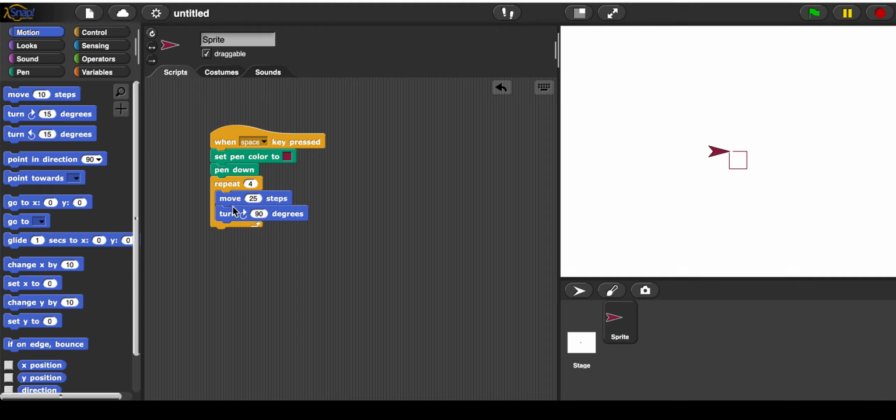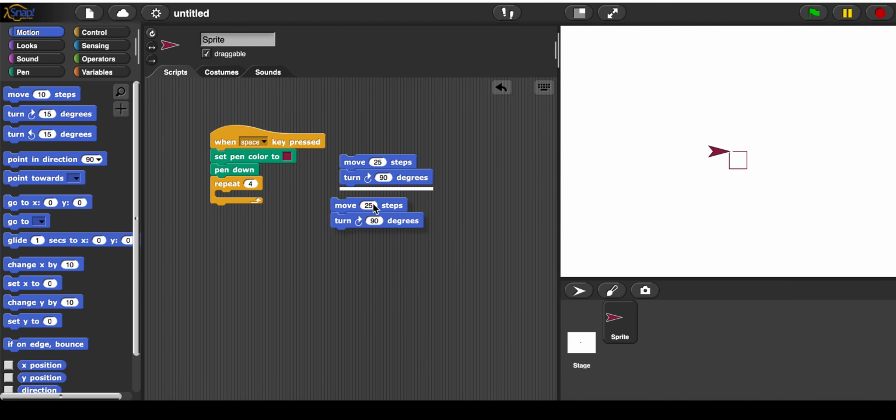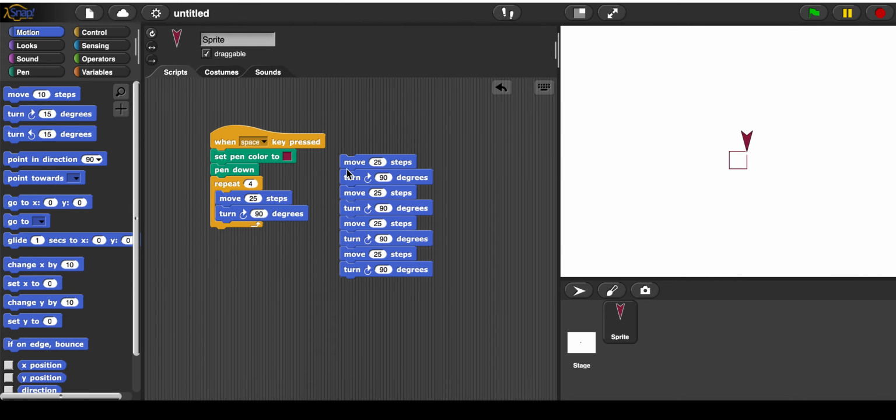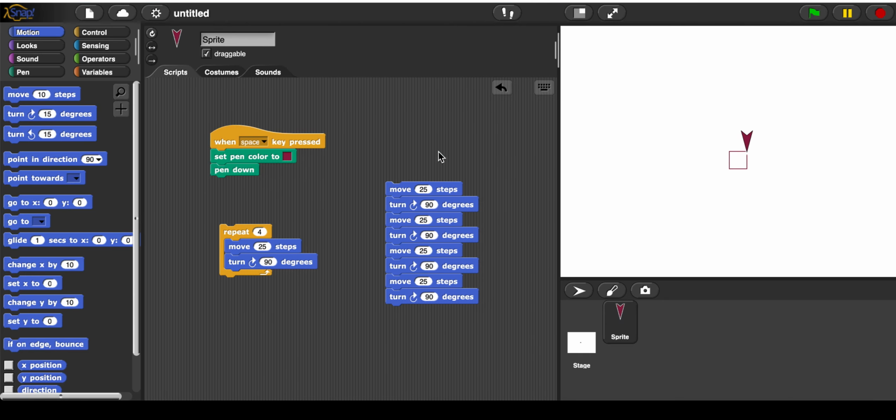So instead of me writing all that code that I had previously, which was this, and I'll put it to the side so you can see it. Let's duplicate. Instead of writing all this right here, all that right there, all this right here, is equivalent to this information right here.